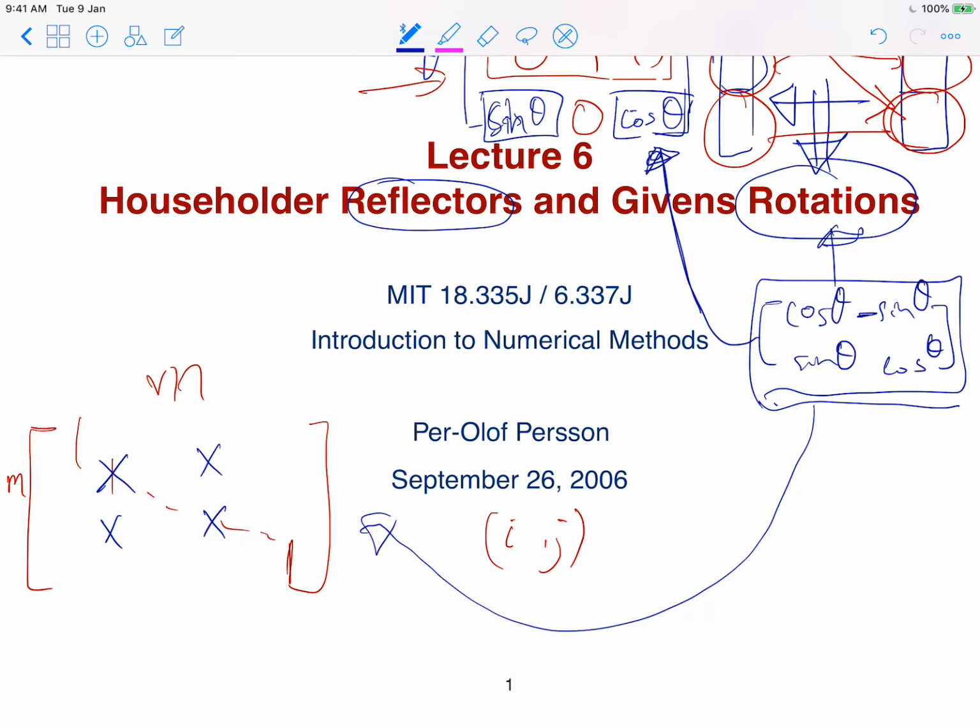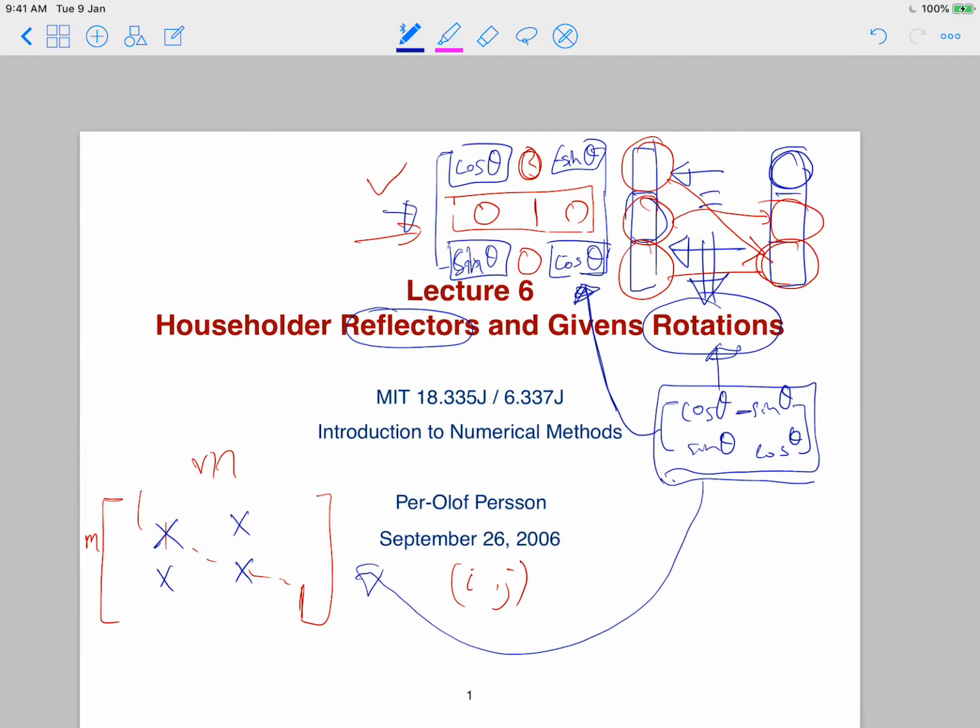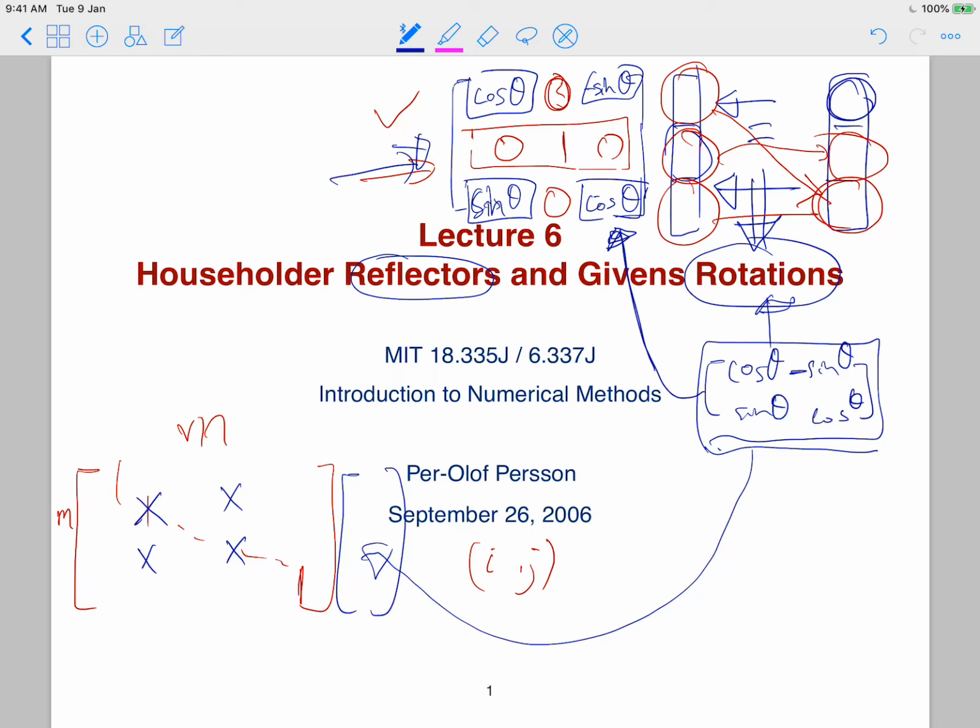If you imagine multiplying the input vector on the right, it will produce the i-th and j-th dimensions as a rotated output and the remaining dimensions unchanged. So Givens rotations utilize this kind of two-dimensional rotation. We will see more details.